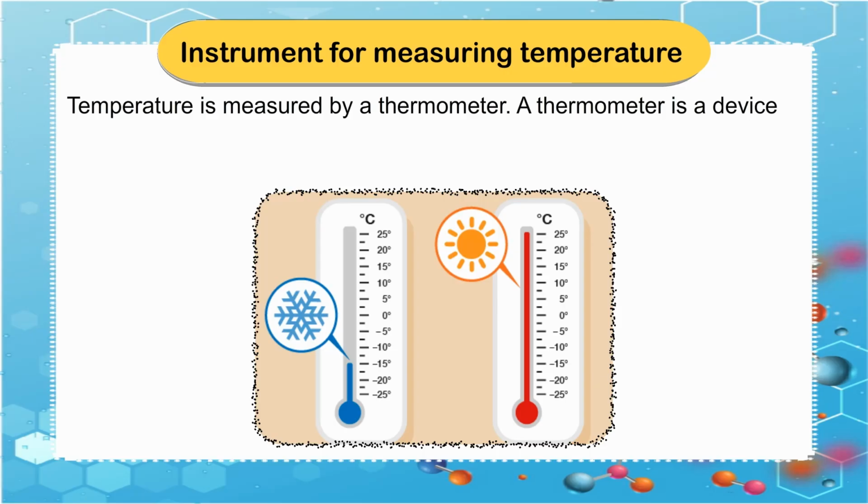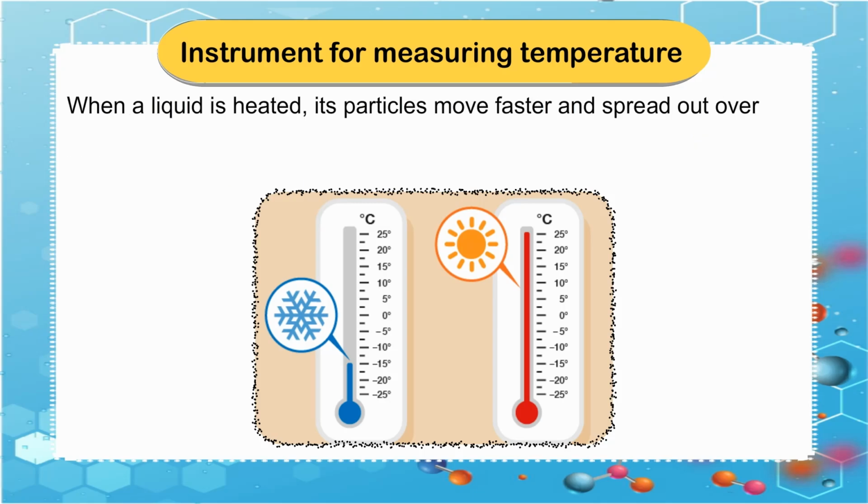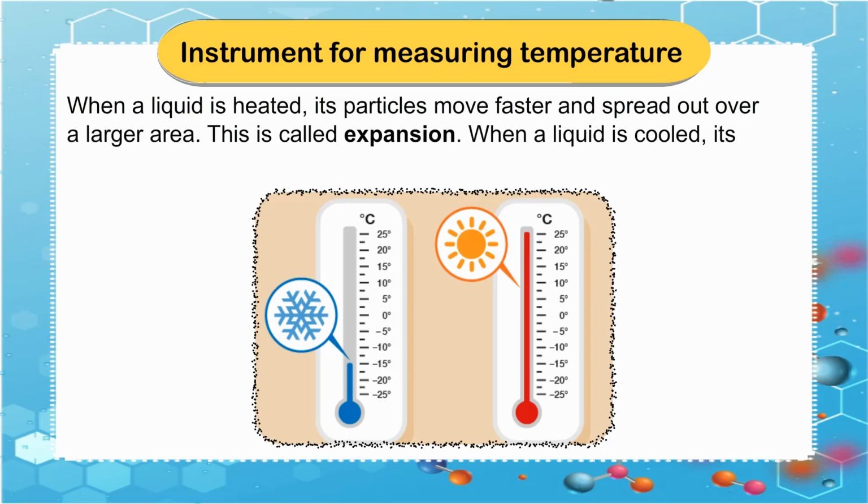A thermometer is a device which detects the change in temperature of an object. It works on the principle that liquids expand on heating. When a liquid is heated, its particles move faster and spread out over a larger area. This is called expansion.